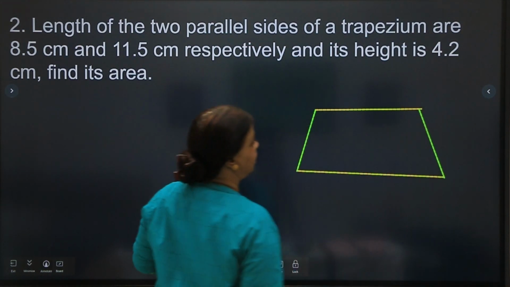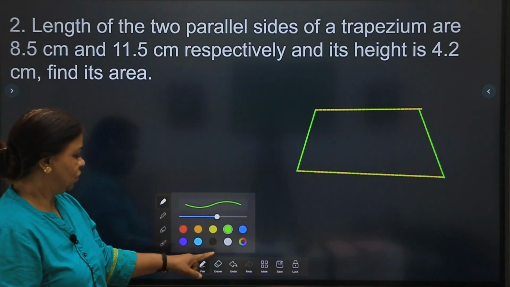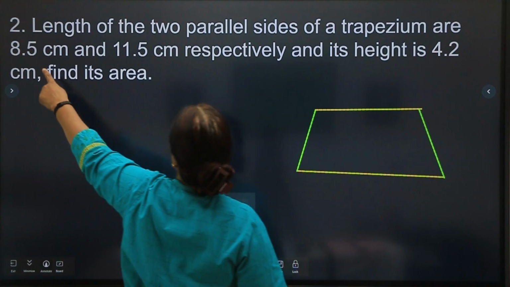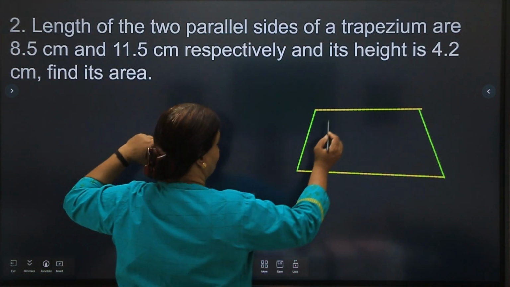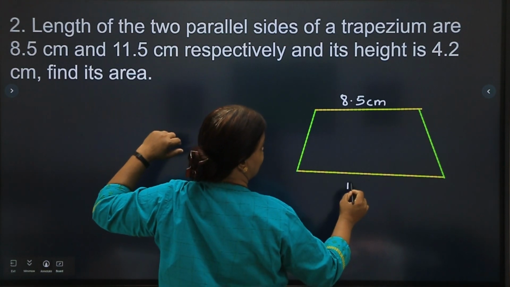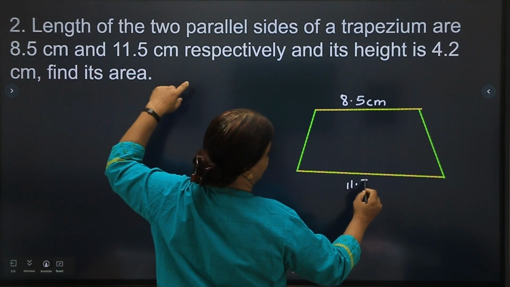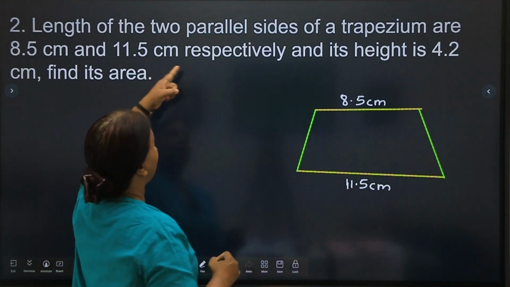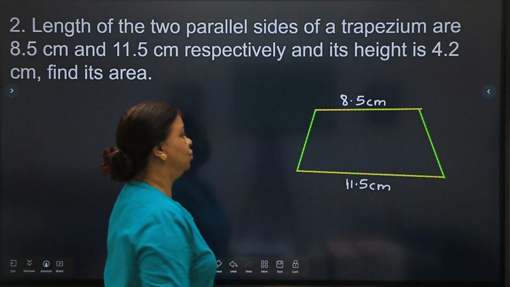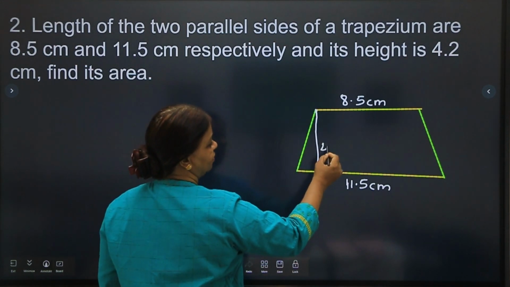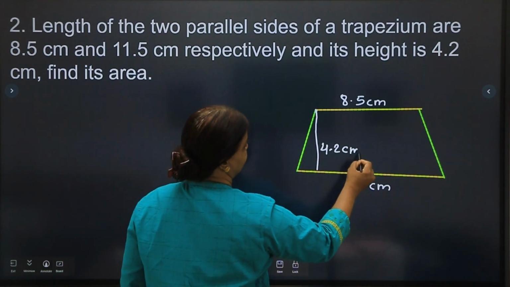It becomes a trapezium. So, this will be 8.5 and this will be 11.5 centimeter. Clear? And its height is 4.2. So, height will be measured from here and that is given 4.2 centimeter.